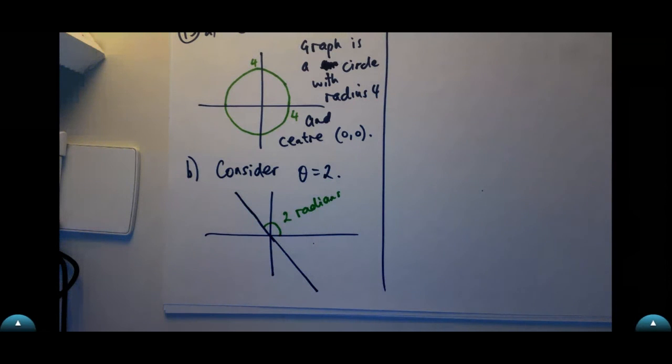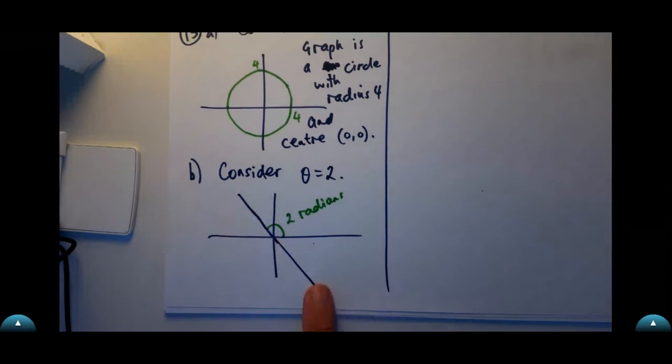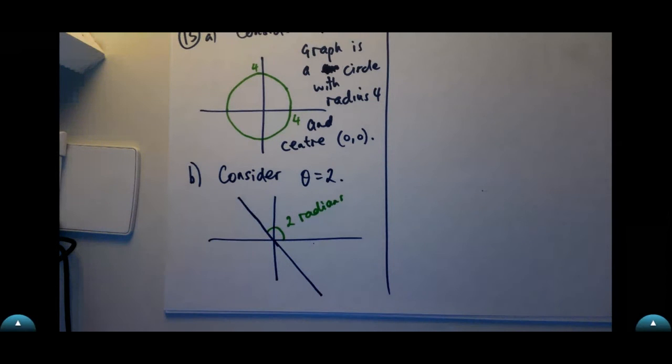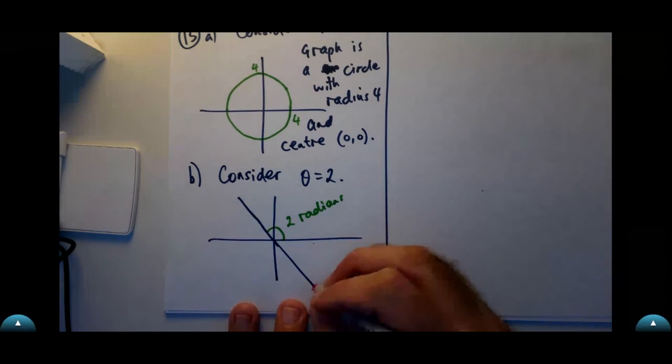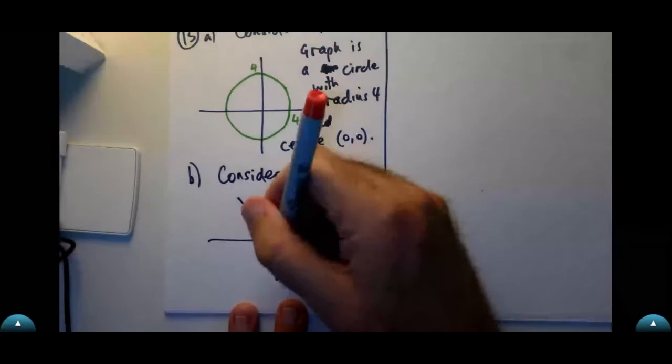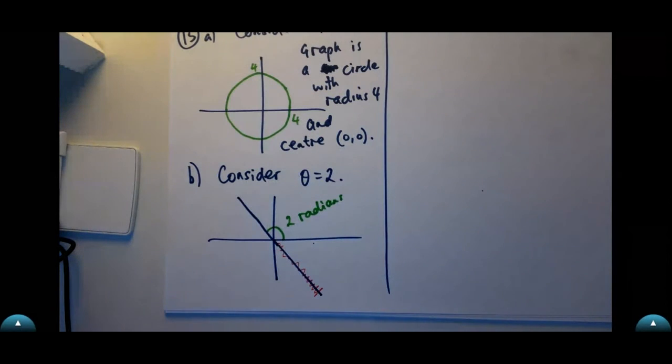So my picture here isn't quite exact, right? I've drawn the whole line here, where actually I should have just gone, okay, so it should really be half of that.